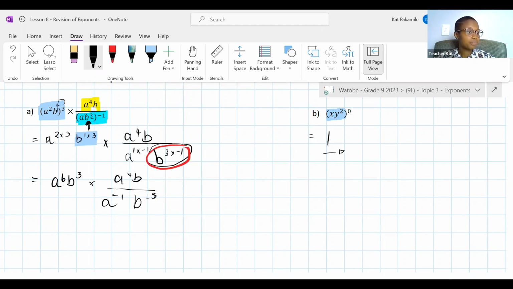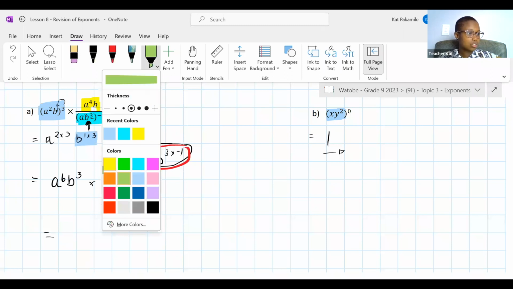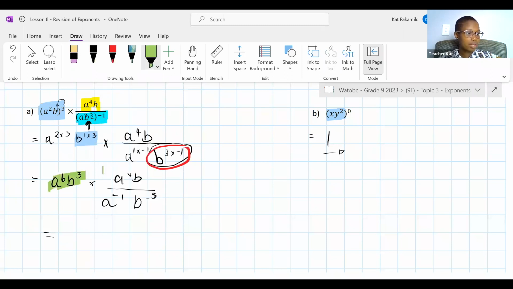Okay. Now we have times and divides. Do you want to first times and then divide? Let's times first then. That means we're going to multiply this with that one in the numerator.